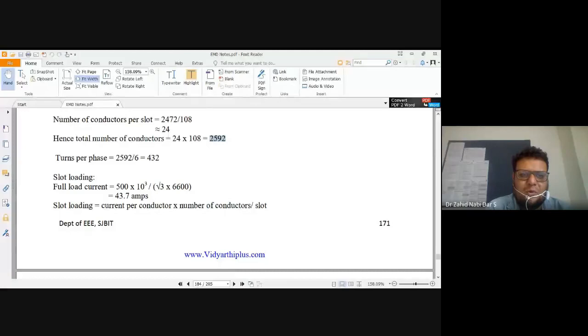So you usually never encounter an odd number of conductors per slot. It will always be even. Although he is getting 22.88, he has gone for the next even number, that is 24. So a little bit of approximation is needed in the design part, and you have to be a little bit careful.